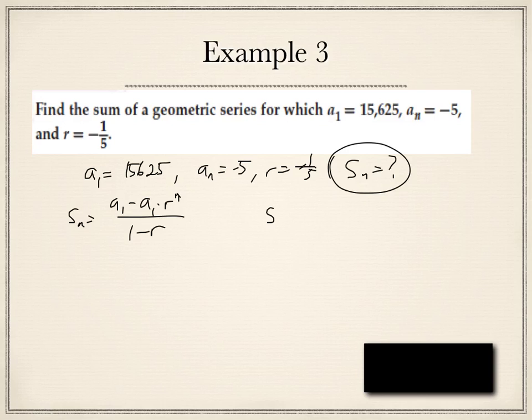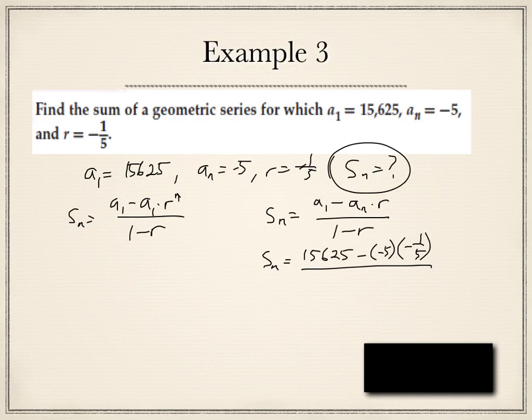So I'm going to use my alternate formula, and we end up with a sub 1 minus a sub n times r all over 1 minus r. Okay, and now it's just plug and chug. S sub n equals 15,625 minus negative 5 times minus 1/5 all over 1 minus negative 1/5. Okay, the top part goes to 1.